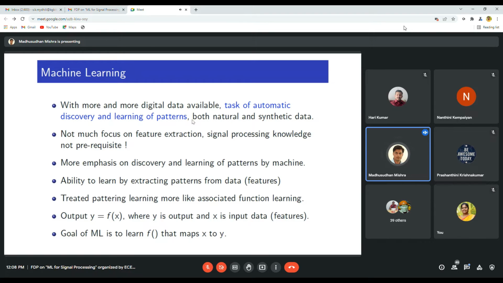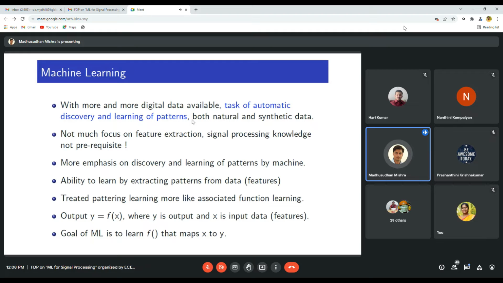Why are we not simply programming as we do in traditional code? Machine learning tries to learn the pattern with the help of some features obtained from the signal. It becomes very difficult to write a program when we have lots and lots of data. That's why machine learning has an important role to play.